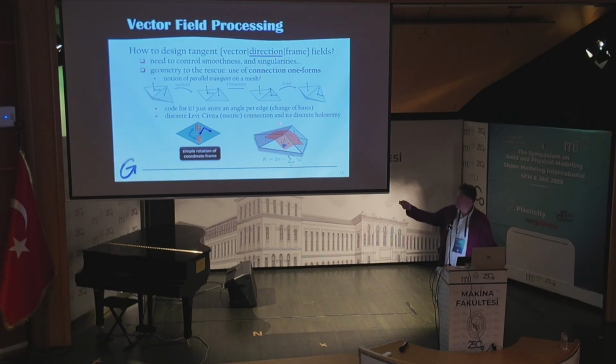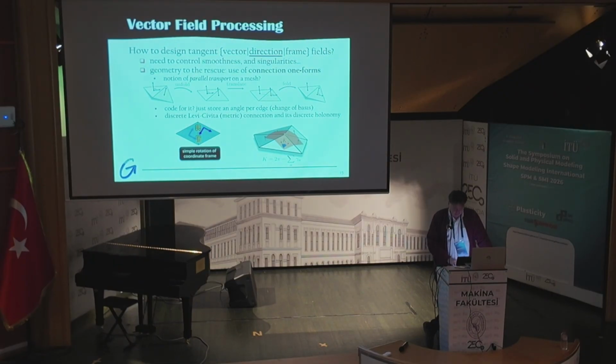So, by the way, that means that you now know the discrete Gaussian curvature for a triangle mesh is nothing but this angle, which turns out to be 2 pi minus the sum of the tip angles. That's not a very difficult derivation.